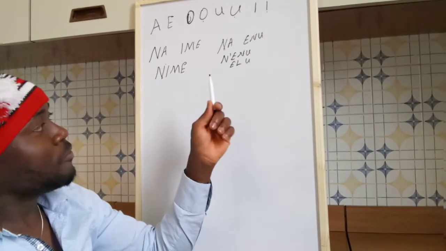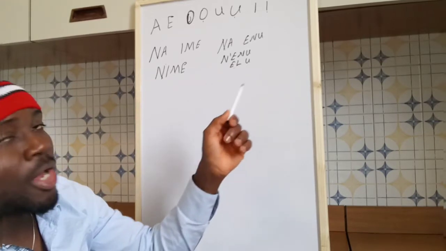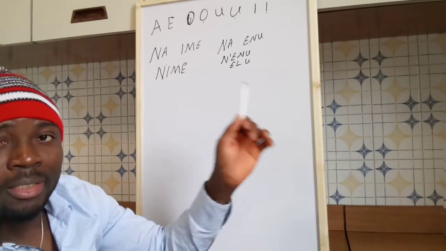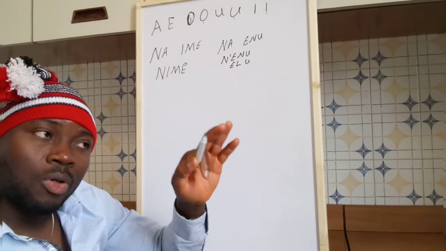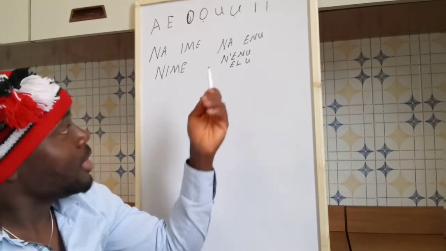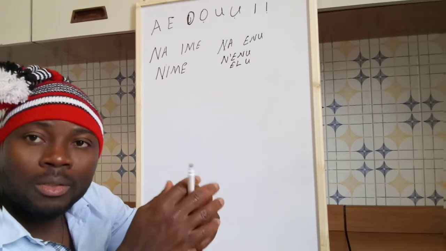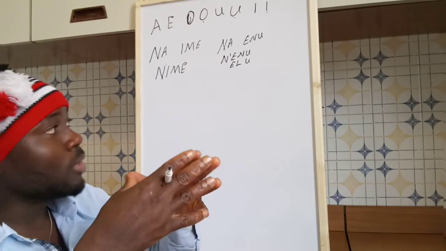Why am I explaining it this way? Because if, for example, I use only L, like nelu, nala, and teach you all the Igbo sentences, you might be going on the street, you will see an Igbo person, and the person will be saying nenu or nana. You will be like, what is nenu? I don't know what is nenu. What I know is nelu.